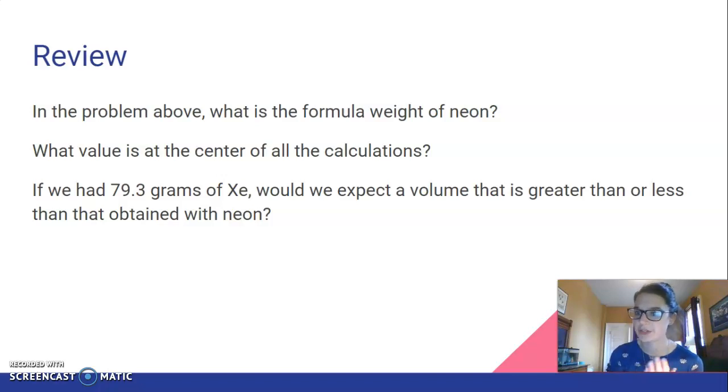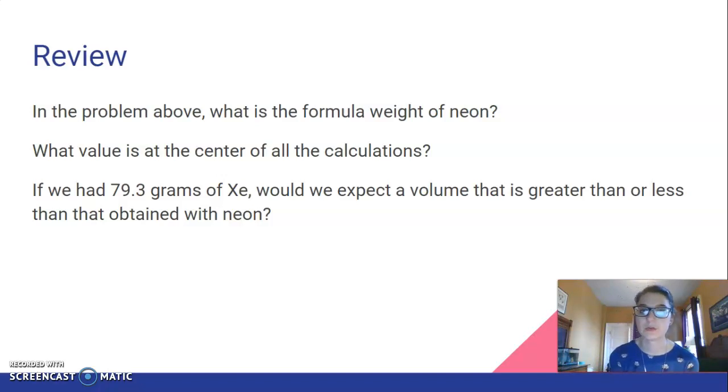For neon, it's just neon, since neon is a pure element on the periodic table. Remember that atomic mass and molar mass have the same numerical value, so they have the same number. But what unit is the atomic mass or the formula weight going to be in? Is it going to be in grams, or is it going to be in AMU?